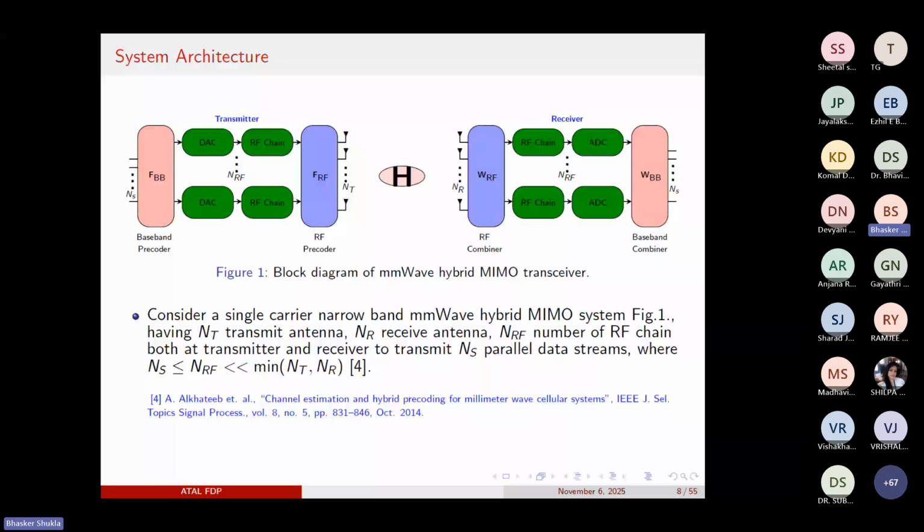Hybrid means we are applying basically two structures in the system: an analog precoder, meaning RF precoder, and a digital precoder at the transmitter side, and an RF combiner and baseband combiner at the receiver side.